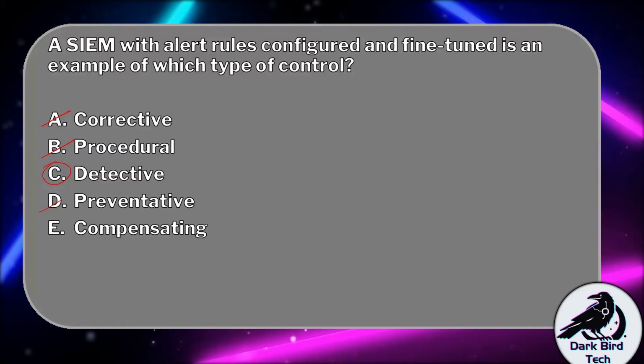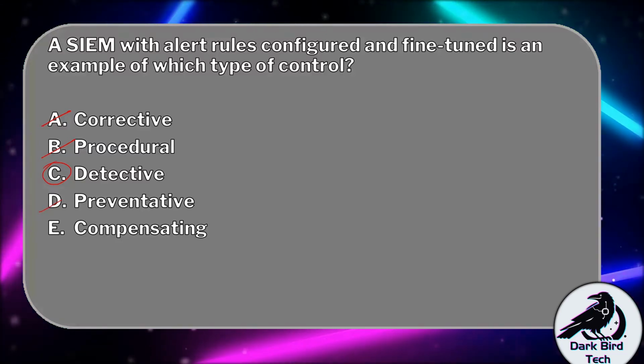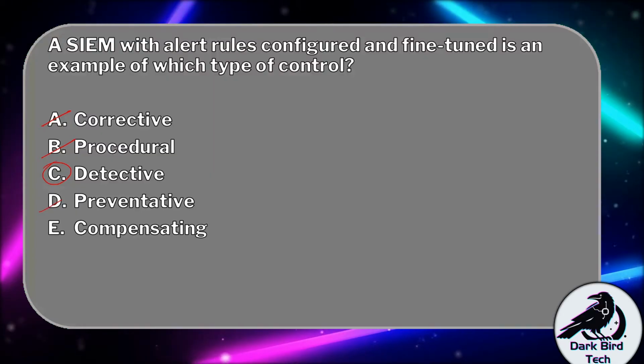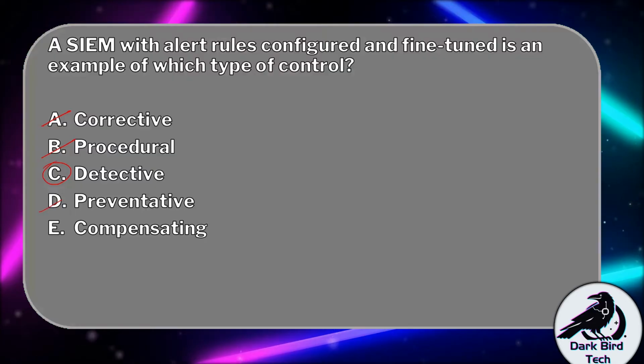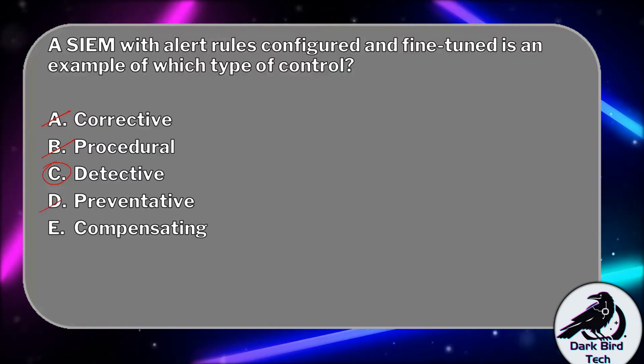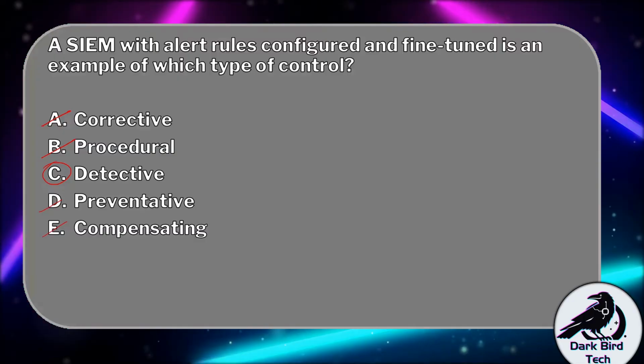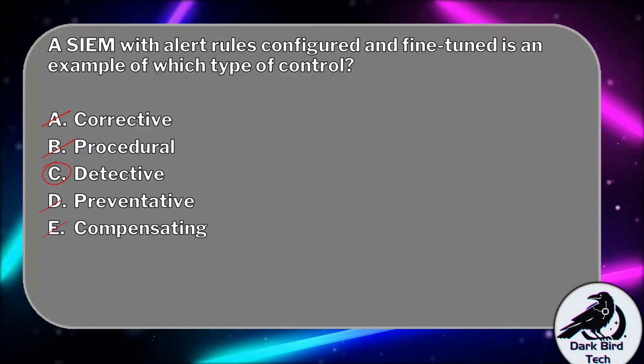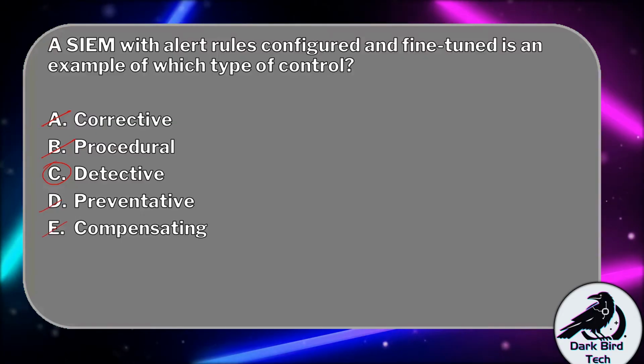But strictly speaking, when we say compensating control, if I'm worried about firewall A failing, I can implement another firewall further into the network. That would be closer to what a compensating control really is. So even though that's kind of right, no, I'm not going for that. The compensating control is there to trick you, to try and make you think twice about choosing detective, but detective is the right option here.